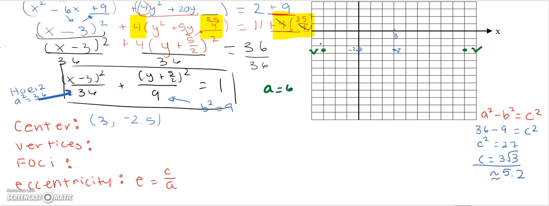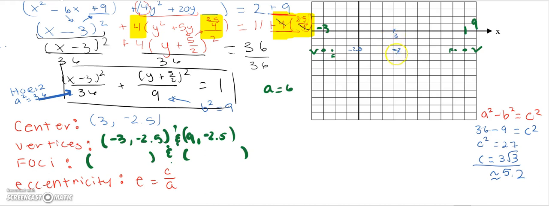Now I can plot my foci. My foci also lie on the major axis, and the center to the foci are 5.2 units. So I'm going to count 1, 2, 3, 4, 5, and a little bit more to give me my foci. And then 1, 2, 3, 4, 5, and a little bit more for my other foci.